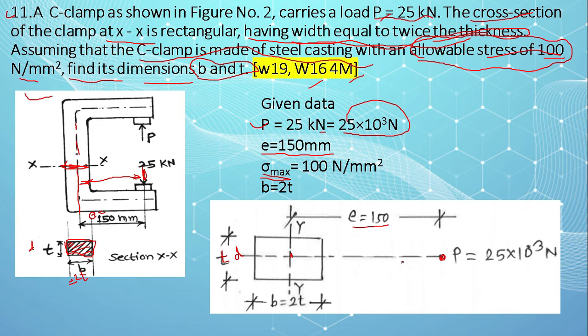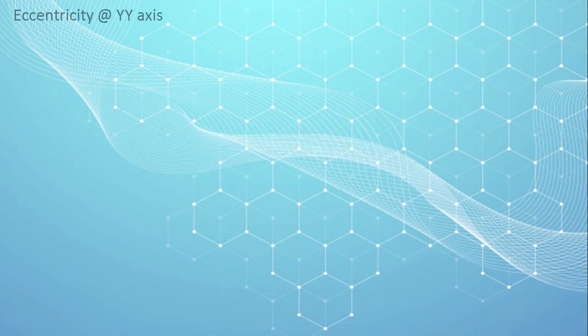This is the axis and this is our load. So this load is eccentric along the x-axis. So the moment of inertia about the y axis, the formula is d b cube divided by 12.